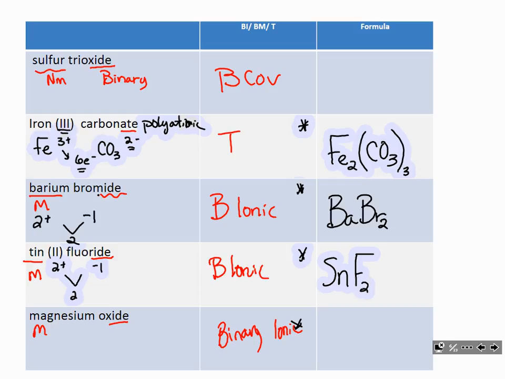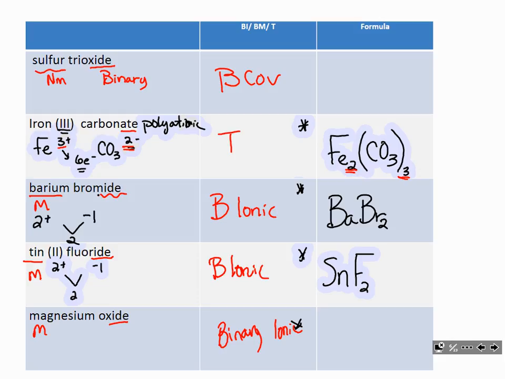That's 2. Now you may have noticed at this point, and I hope you have, that the charge of the cation becomes the subscript of the anion. And the charge of the anion becomes the subscript of the cation. Do it again with the bromide.